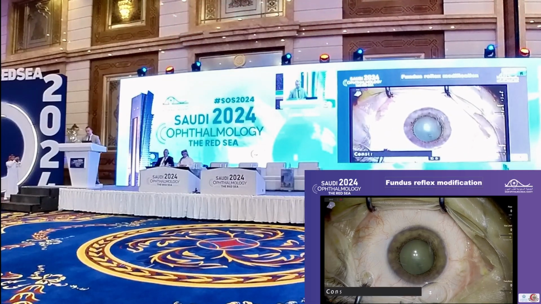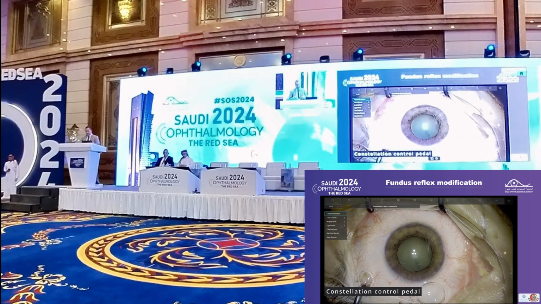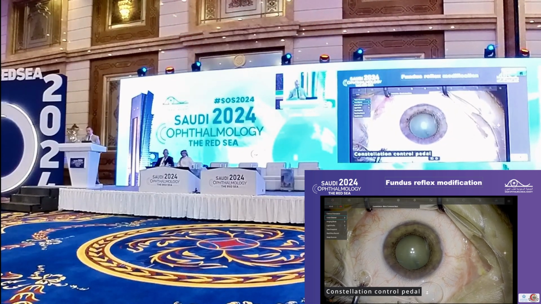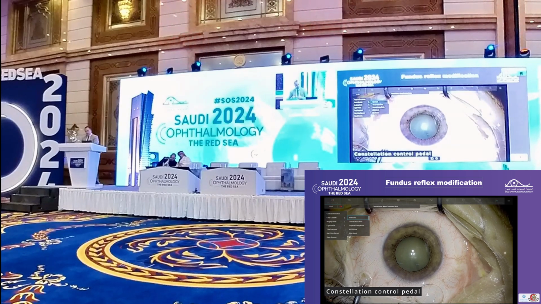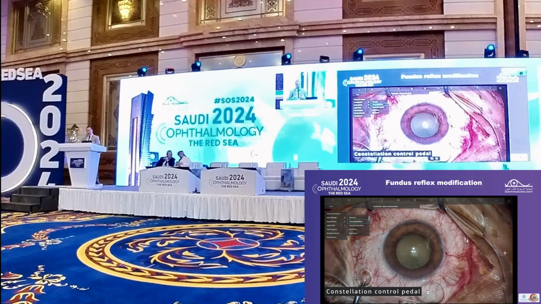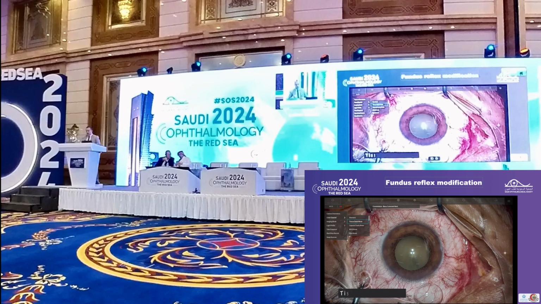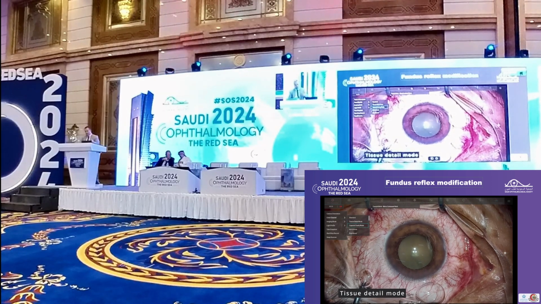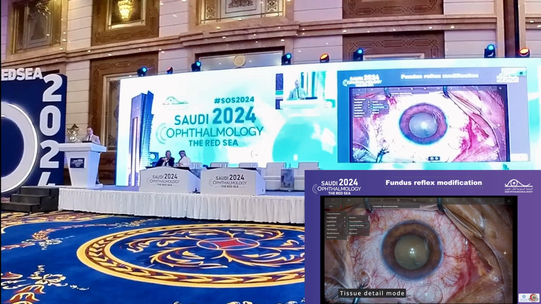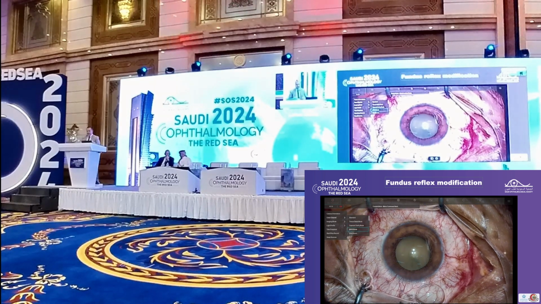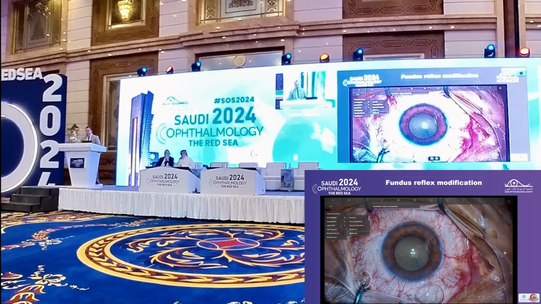This is a really important example of an eye with hemophthalmos, showing how with the pedal of the Constellation we can simultaneously choose new imaging modes, which might enhance the blue light, the details, and the contrast in the picture.